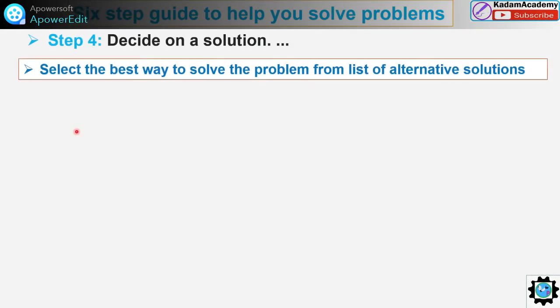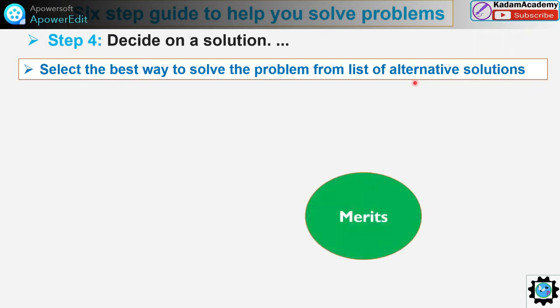That is step number 4. What is the step? Here, you have to decide on a solution. Select the best way to solve the problem from the list of alternative solutions. In step 3, you have defined the solutions. Now you have to select the best way to solve the problem.